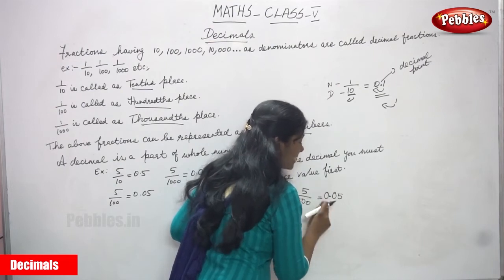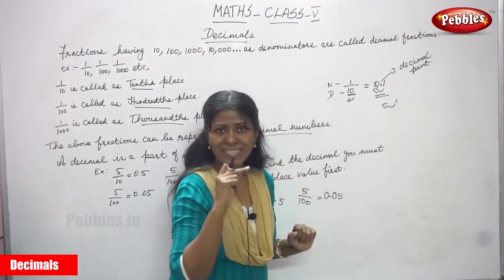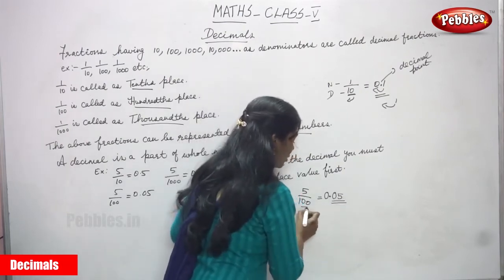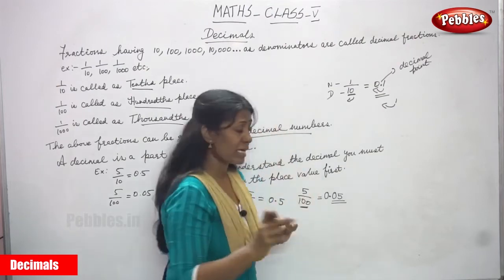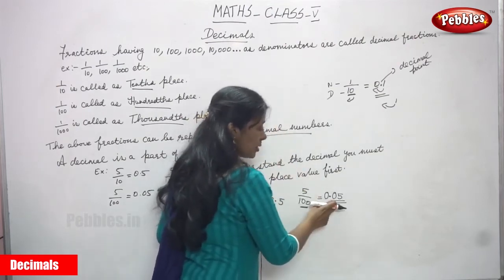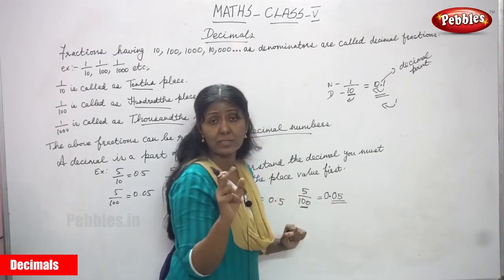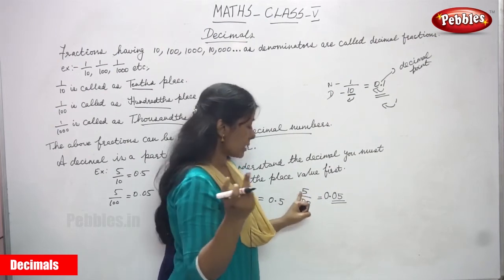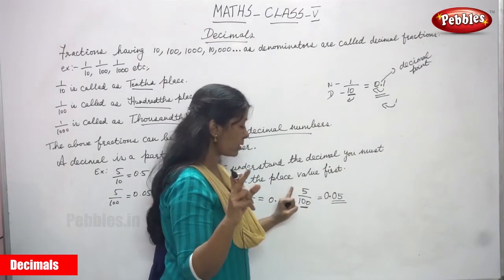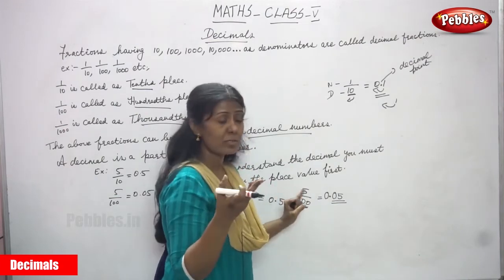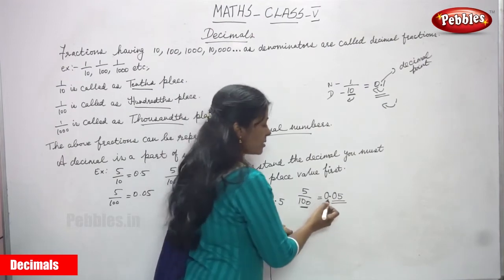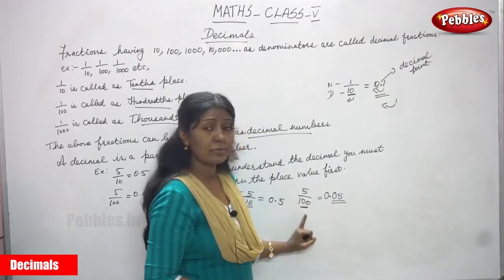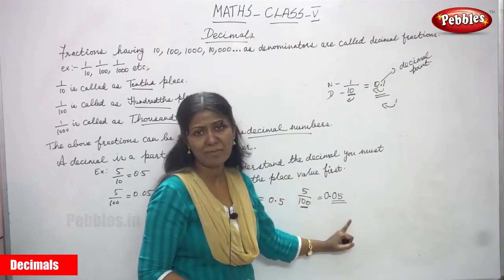Decimal always means you write 0, then put a point, then the digits. In the denominator there are 2 zeros, so you need 2 digits in the numerator, but only one digit is there. So you need one more digit, and you have to put 0. So the answer is 0.05. This is the answer for 5 by 100. So 5 by 100 is a fraction, and this fraction is converted into a decimal number.